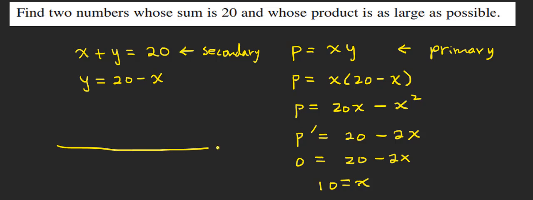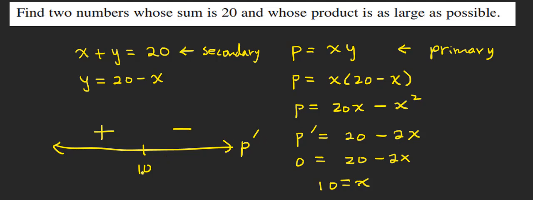Now let's check. Let's draw a prime chart. The critical number is going to be 10, and we have to test. Choose a number that's less than 10 and plug it into p prime, you will get positive. Plug in a number that's greater than 10 into p prime, and you will get negative.